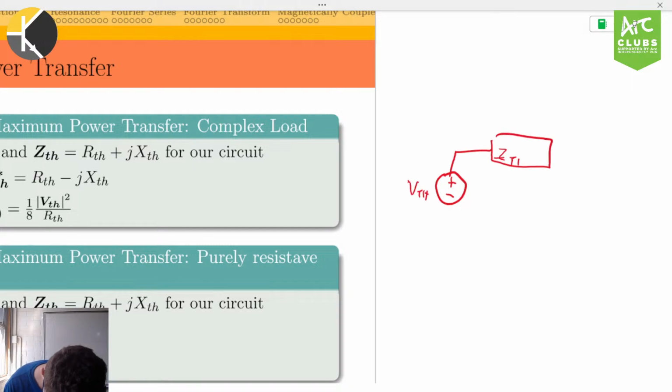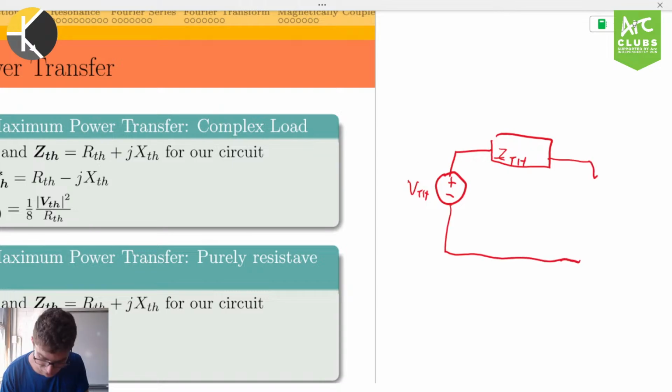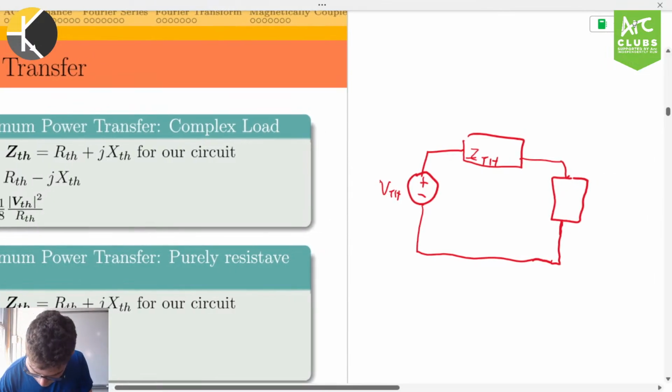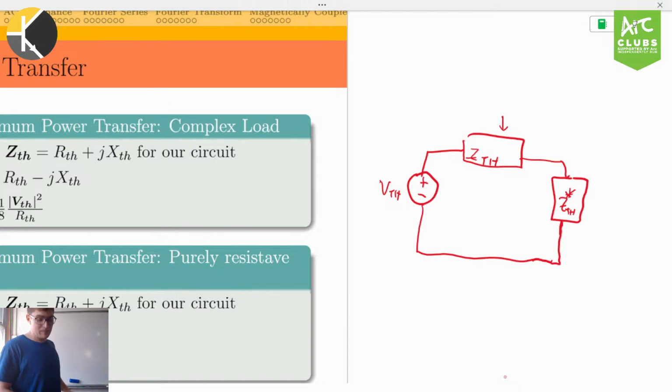The way we maximize, so let's say it's asking us, how can we get the most power out to our load, given that we have a complex load? So we have a load that can have an impedance. What we'd do is we'd just set the load to Z Thevenin star, which is the conjugate.